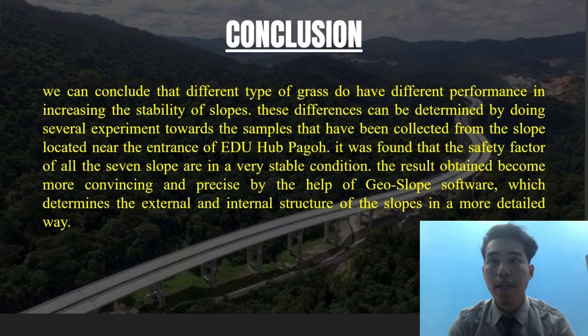It was found that the safety factor of all 7 slopes is in a very stable condition. The results obtained become more convincing and precise with the help of GeoSlope software, which determines the external and internal structure of the slope in a more detailed way.